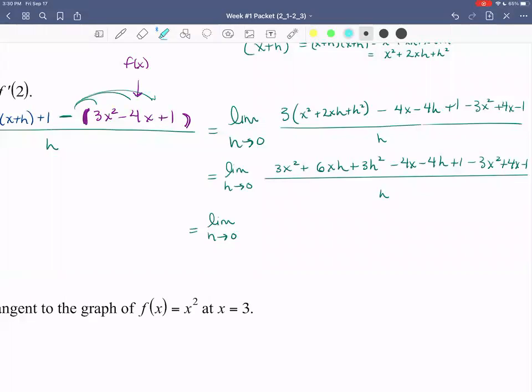So did a lot of things cancel? Awesome, I hope so. One thing you'll notice is that we have a 3x squared term and a minus 3x squared term. So those two terms just go away or cancel. Then we see that we have a negative 4x term and a 4x term. So those two terms also cancel.